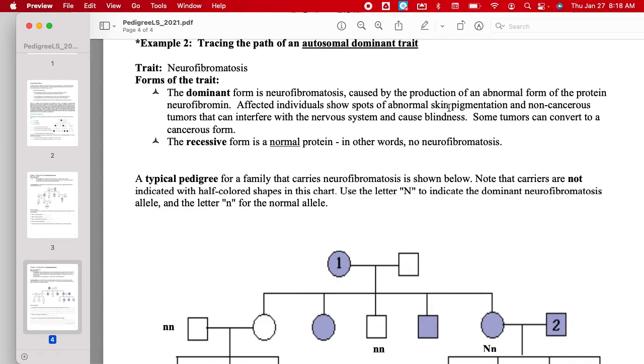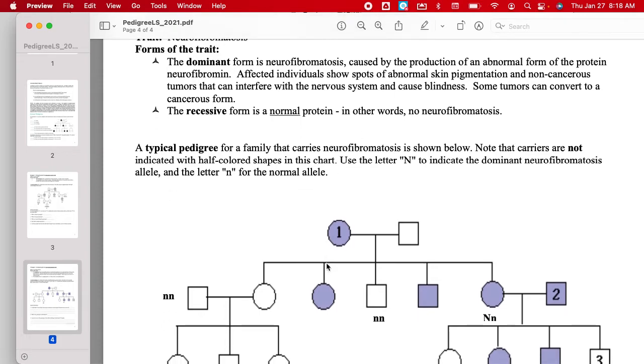Some tumors can convert to a cancerous form. The recessive form is a normal protein, in other words, no neurofibromatosis. A typical pedigree for a family that carries neurofibromatosis is shown below. Note that carriers are not indicated with half-colored shapes in the chart. Use the letter N to indicate the dominant neurofibromatosis allele, and the letter n for the normal allele.